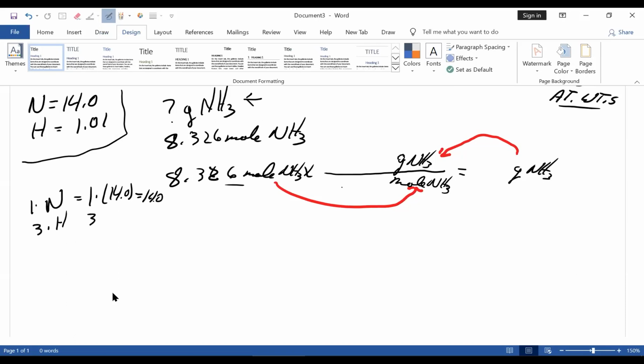Each hydrogen, to 3 significant figures, is 1.01. Add this together, you get this number. Notice this has 1 past the decimal. This has 2, which is a smaller number. Hopefully you picked 1. Therefore, you round this off to 1 past the decimal.